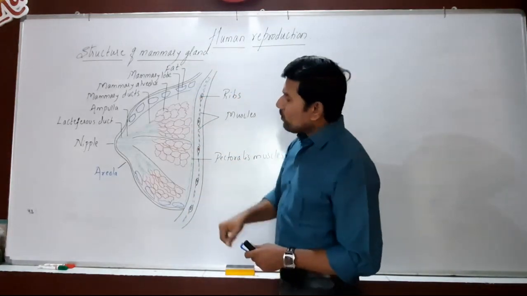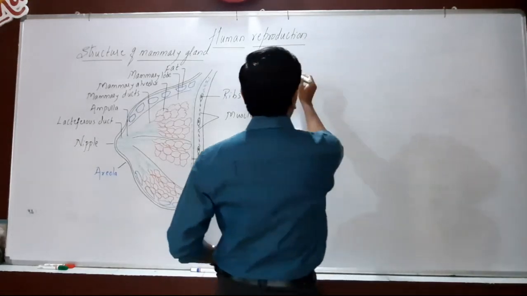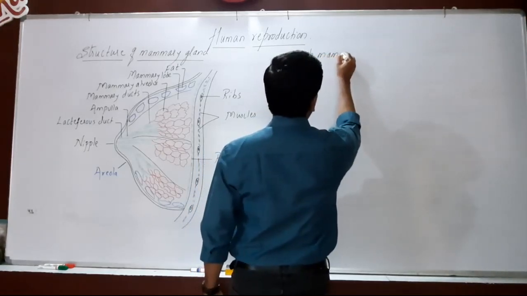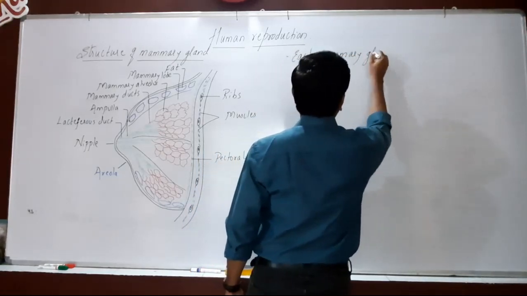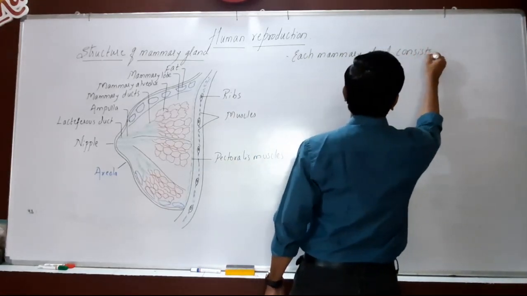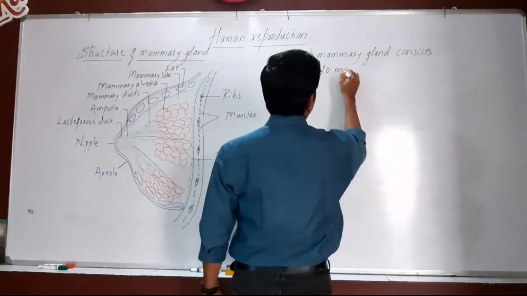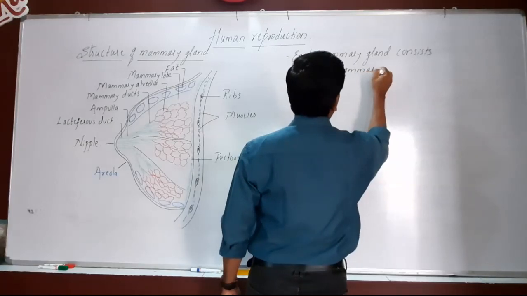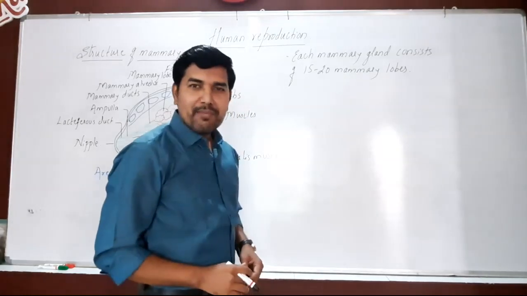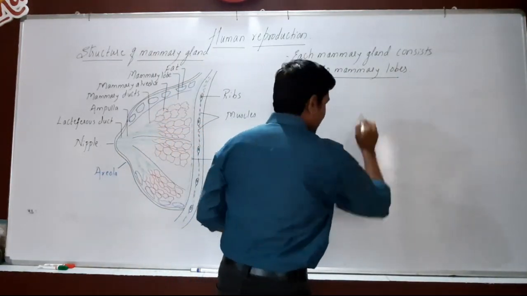In humans, each mammary gland consists of 15 to 20 mammary lobes. So there are 15 to 20 mammary lobes present in each mammary gland.